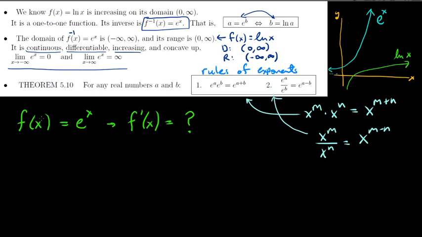All right, what is the derivative of e to the x? And again, some of you might know this already. Most of you probably don't. So we're going to figure it out by going back to this property here.